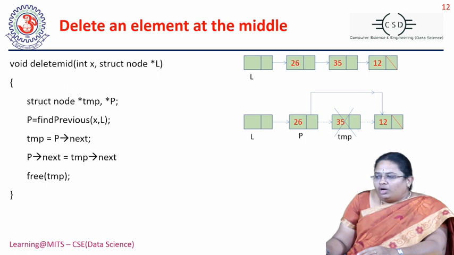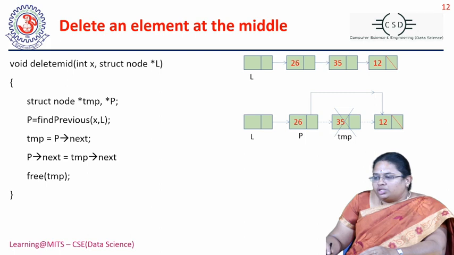So to perform deletion, we make use of find previous. I call a function here, P equal to find previous of x comma L. It returns the address of the previous node of x. X is the element to be deleted.